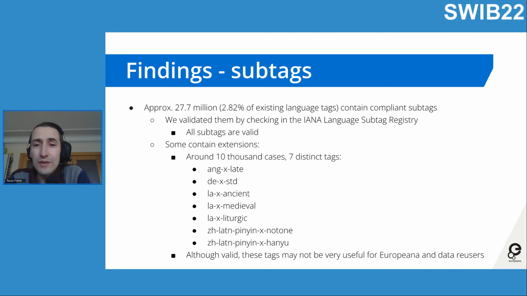We just found cases with extensions of extensions, which at the level of Europeana, the users won't really know what they mean. So they are extensions. They are not registered in the IANA registry. So they are still valid, but they are probably not informative for data reusers.